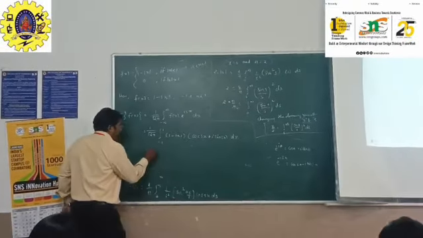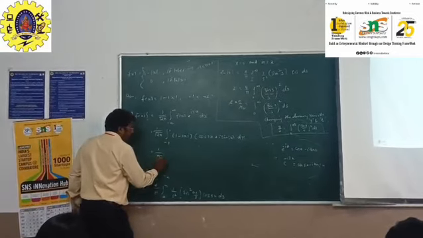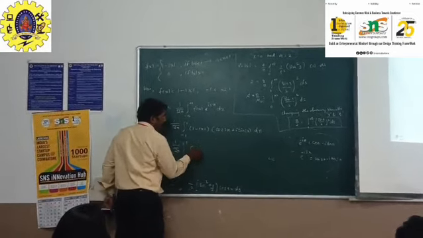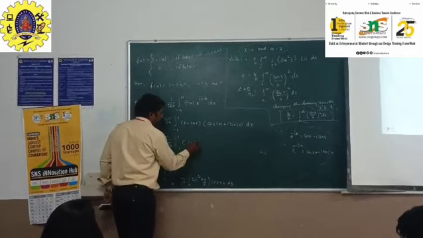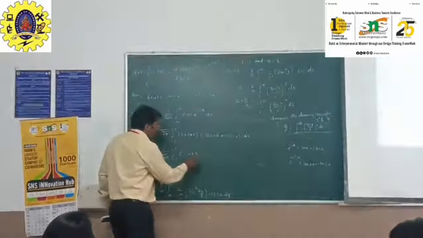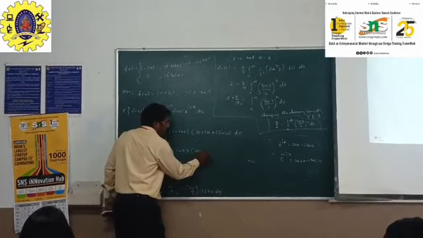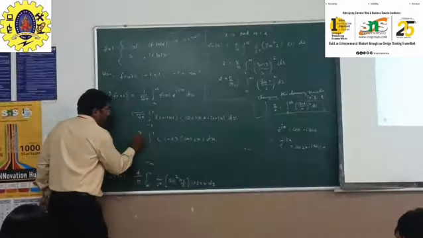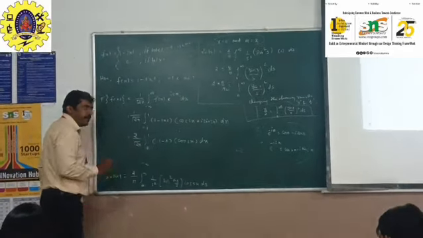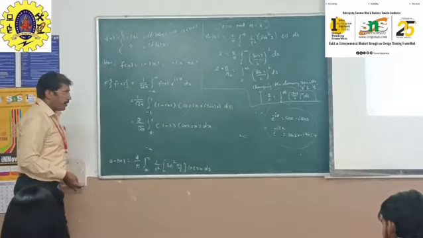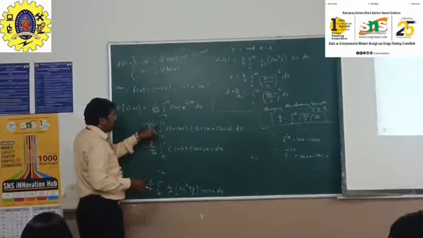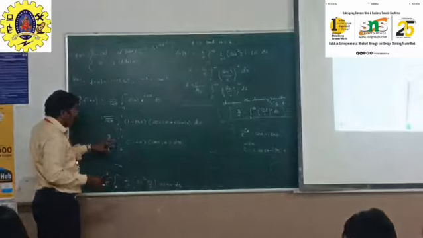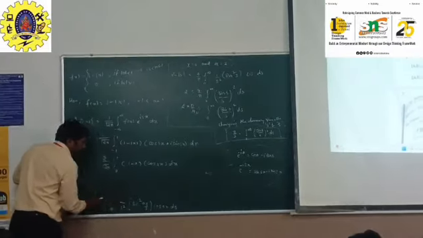So we take 1 by root 2 pi integral minus 1 to plus 1. Here since we take only the even part, modulus x can be written as 1 minus x, then cos sx dx. So I can write 2 here and I can put 0 to 1. Because for an even function, as per the property of integral, you can write minus 1 to plus 1 as twice 0 to 1.